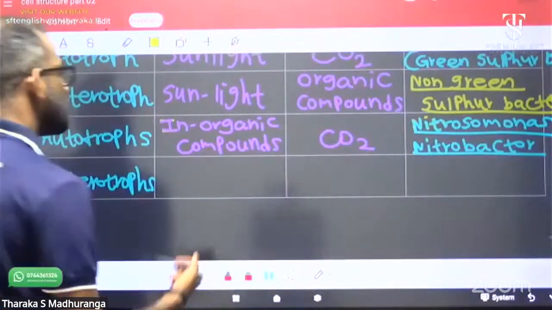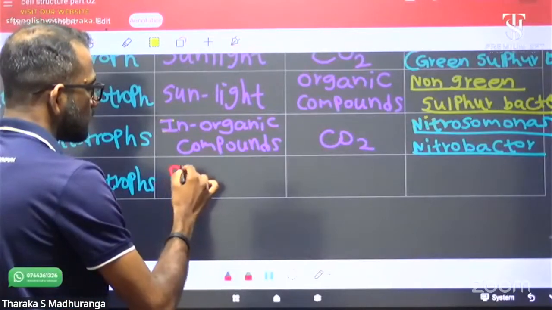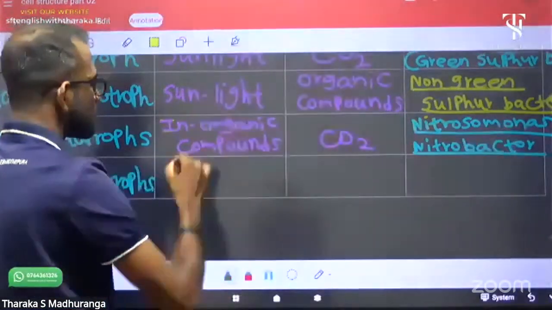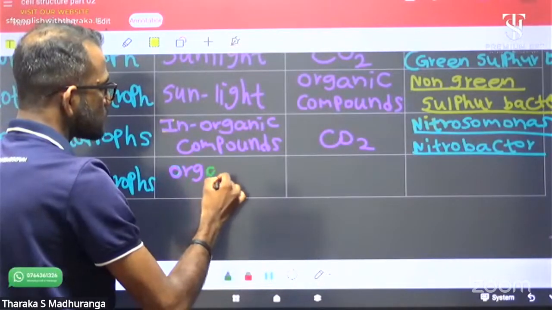Yes, then the energy source is organic compounds. We take organic compounds as foods.